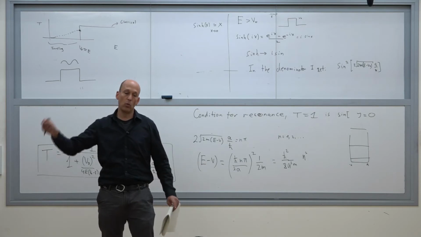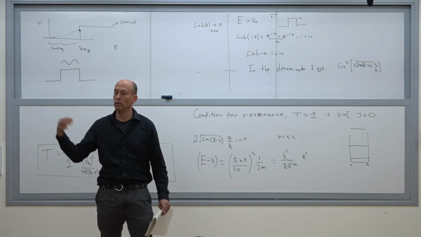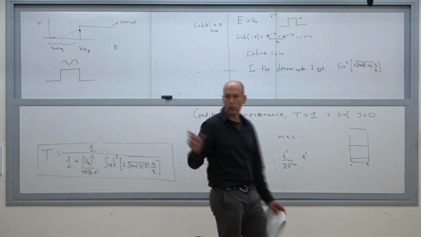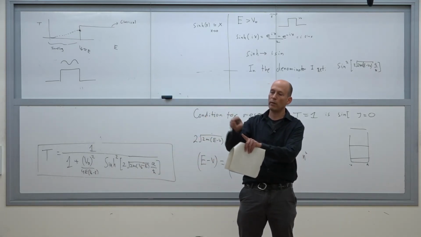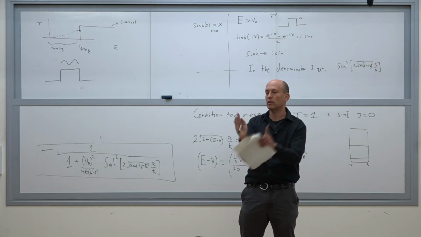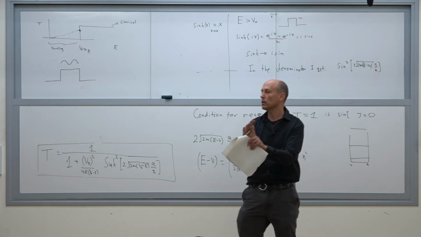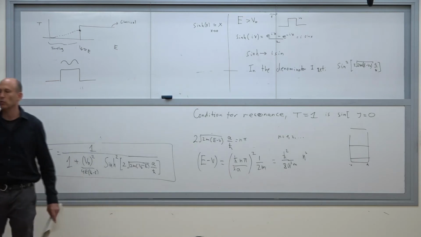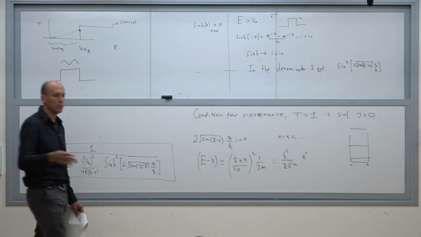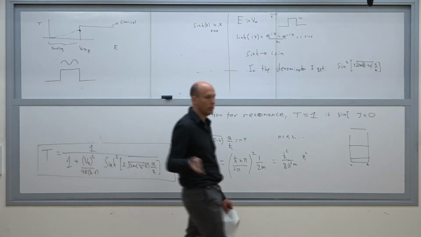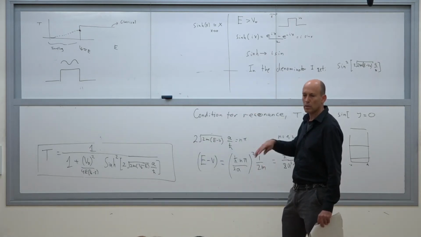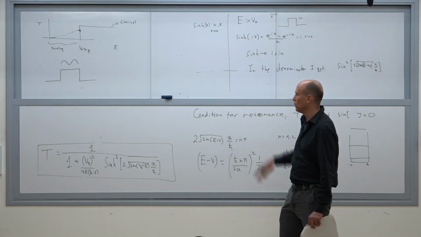When the wavelength of the electromagnetic wave, not the quantum wave, fits the size of the scattering center in the middle, you'll have a resonance. You'll have similar effects, so this also happens in electromagnetic theory. It doesn't really help you if you did not learn it, but maybe you heard about this, or you will learn it soon. So you will see other effects in physics which are similar.